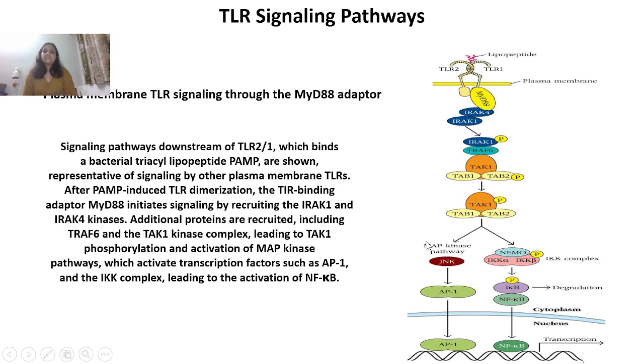In this MAP kinase pathway, it activates different transcription factors, which are known as AP1, and here also there is activation of this I kappa B. There are two different subunits, I kappa A and I kappa B. It gets phosphorylated, and this I kappa B is one subunit which inhibits NF kappa B. Whenever there is a phosphorylation of this I kappa B, it will lead to degradation, and NF kappa B can travel to the nucleus, and it can induce the transcription of several types of ISG or interferon stimulated genes, or even other genes which are required for the activation of the immune response.